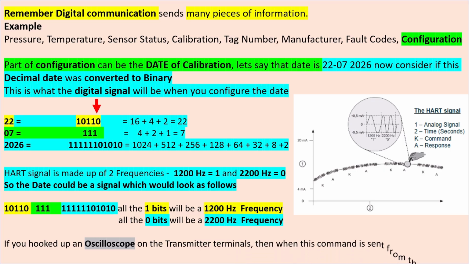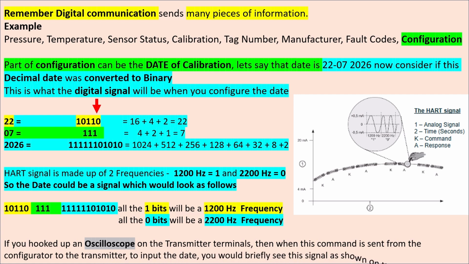If you hooked up an oscilloscope on the transmitter terminals, when this command is sent from the configurator to the transmitter to input the date, you would briefly see this signal shown like the picture above.